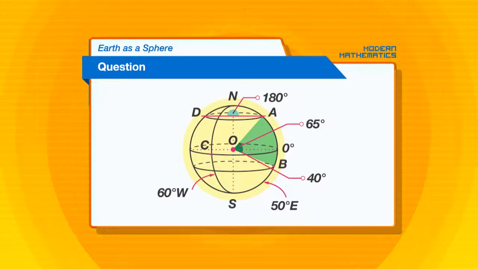From the Greenwich meridian, the longitude of A is 50 degrees east, and therefore the longitude of D will be 130 degrees west. That is how the longitudes of points A and D are exactly 180 degrees apart. So the location of point D is 65 degrees north and 130 degrees west.